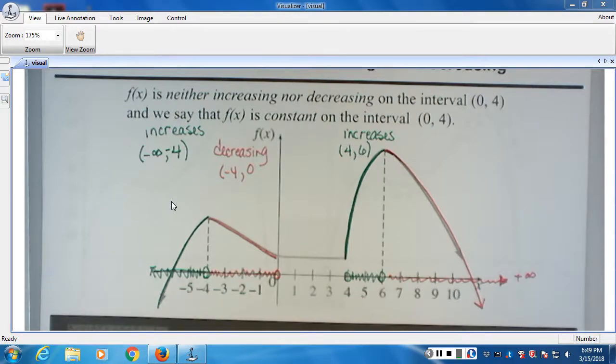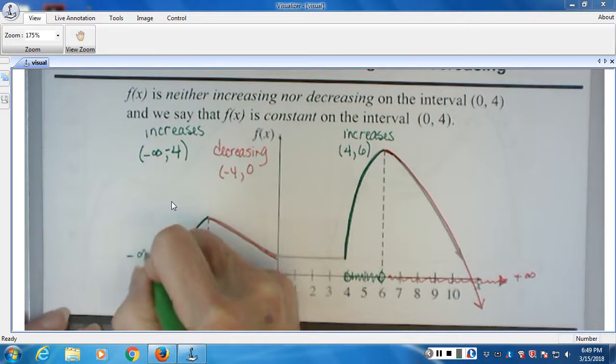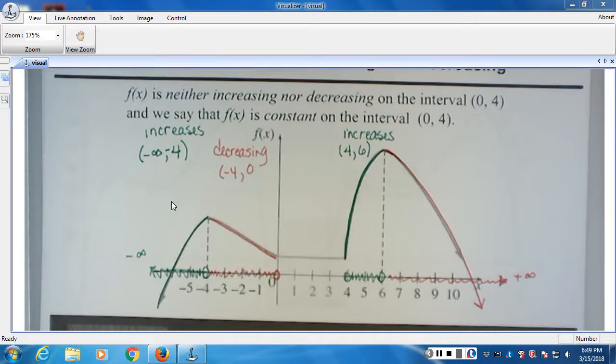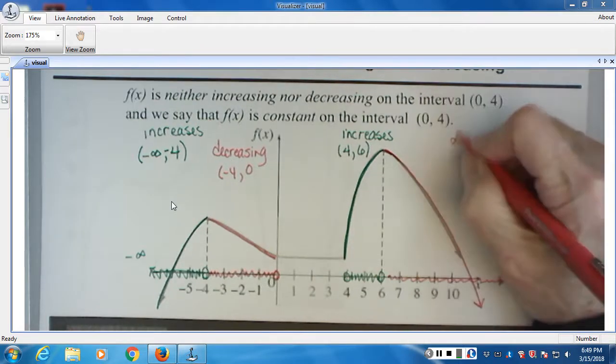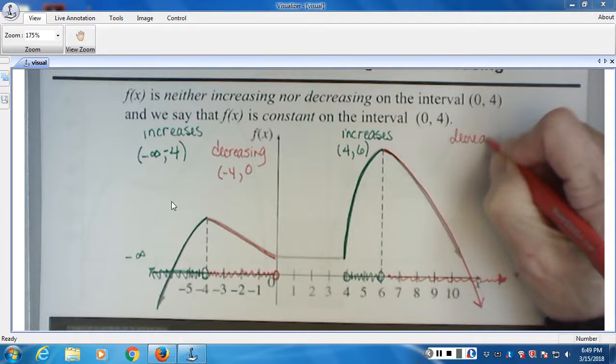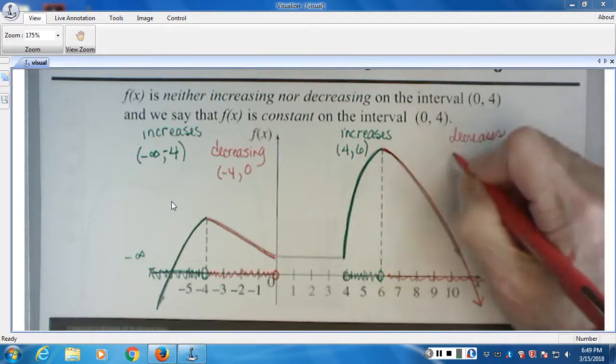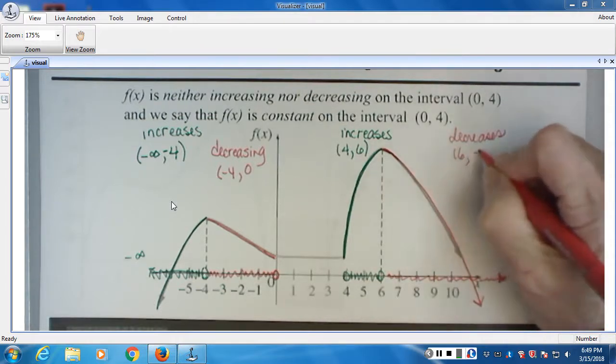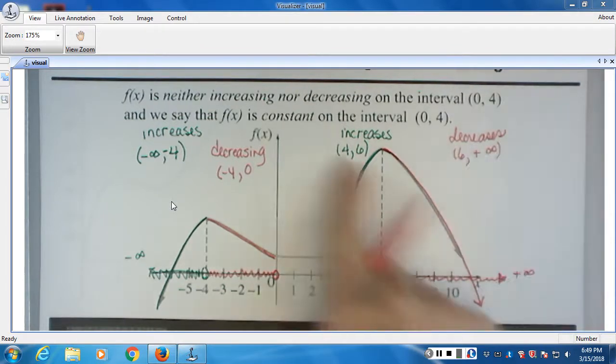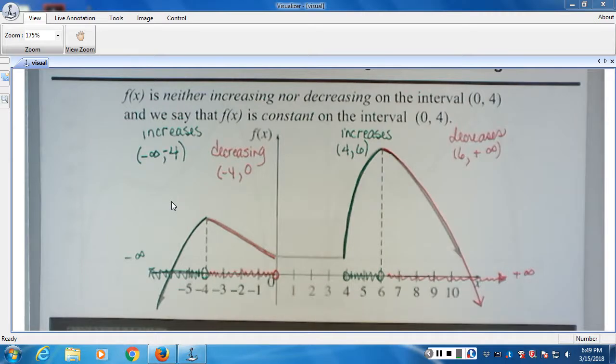Okay? So here again, we've got that overlap, and we're not including 6 in either one of those. Okay?